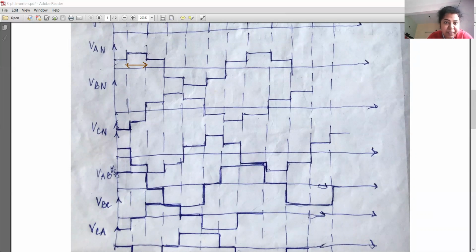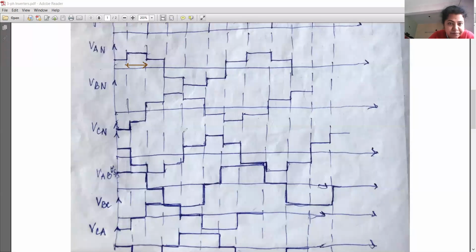See here for VAN, this voltage here, it is starting at this particular point. Now this voltage VBN is delayed by an angle of 120 degree. This is totally an interval of 120 degree.